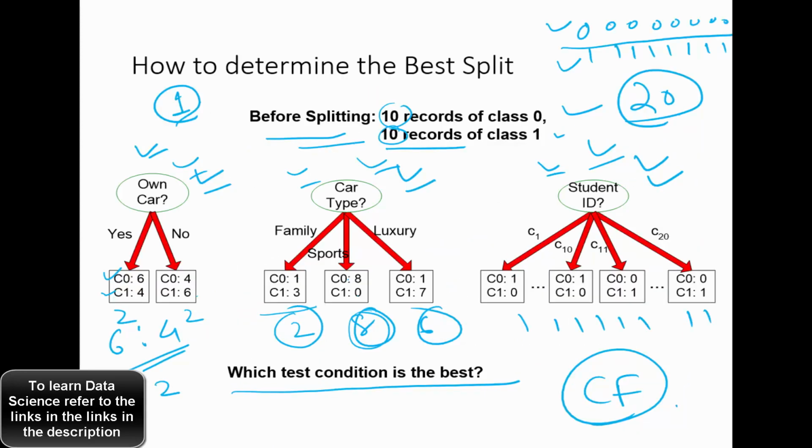This is some percentage of the total values, and this is also some percent of the total. It's 1 minus 2 by 10 plus 2 by 10. So this would give us some sort of a number, this would be 6 by 10. If you compute this one, this would obviously be higher.